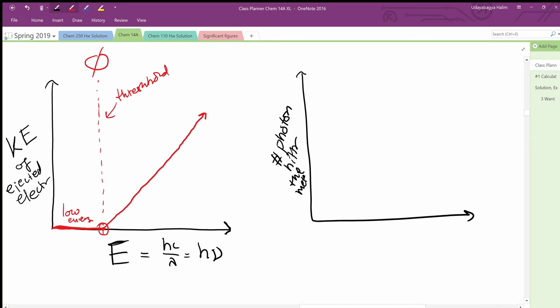Essentially you have more particles of light hitting the metal, and I want you to show what happens.